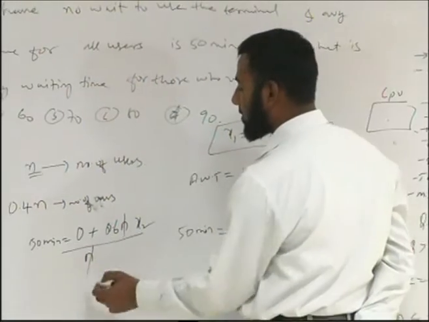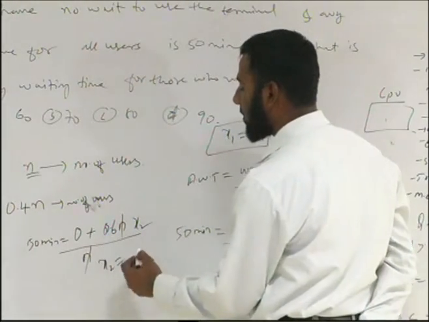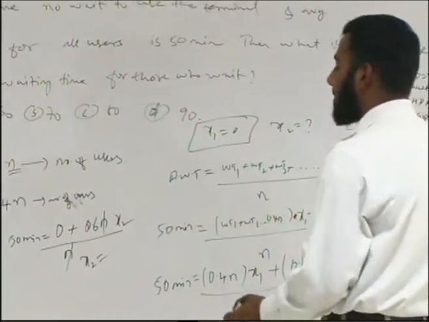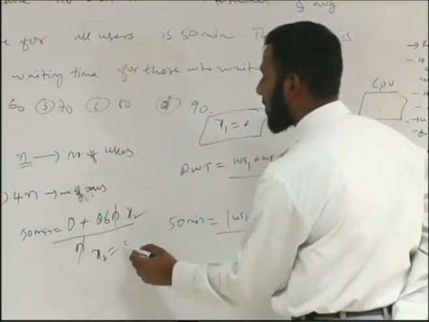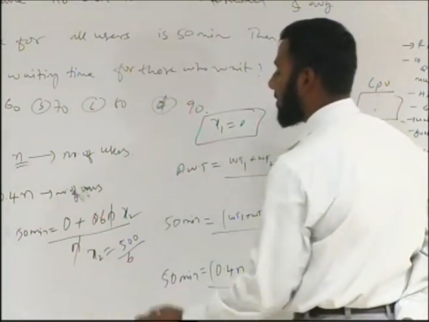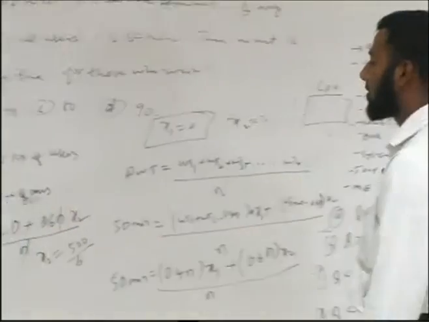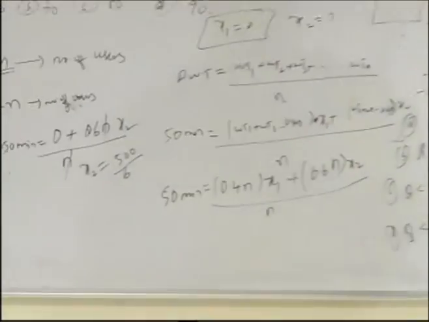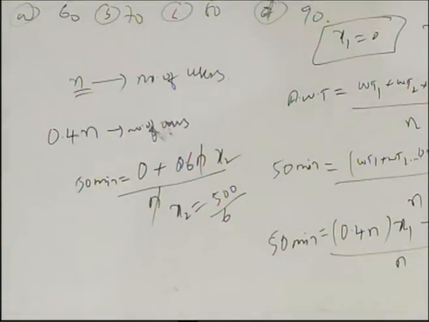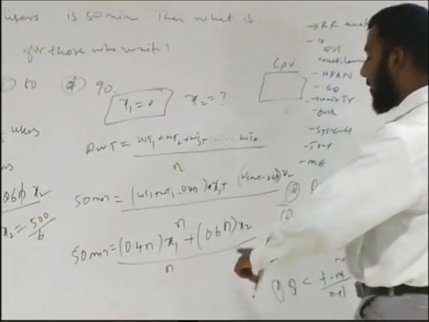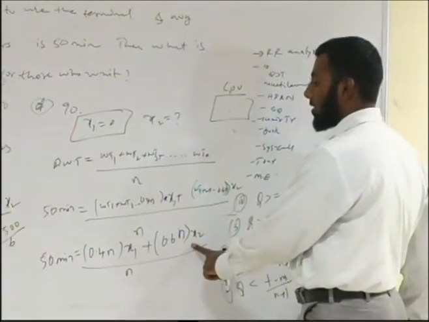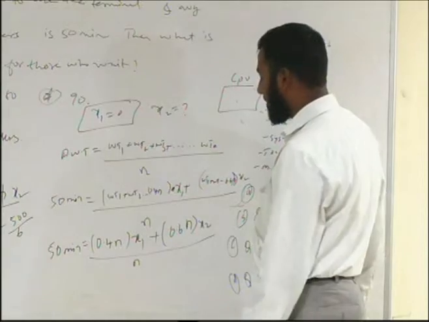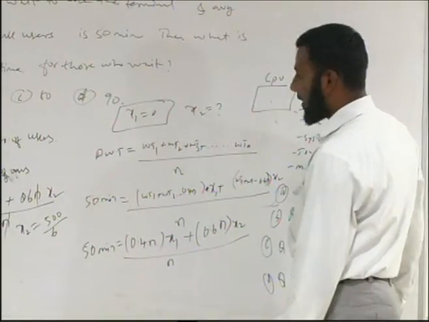So n into x2 will be how much? 500 by 6. So the amount of time they have to wait is 500 by 6.